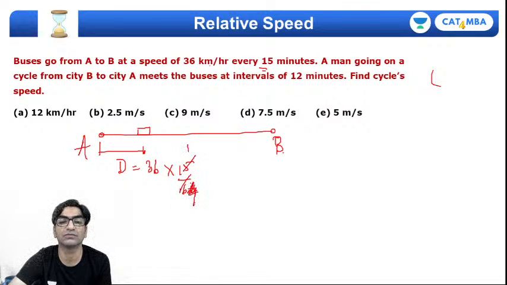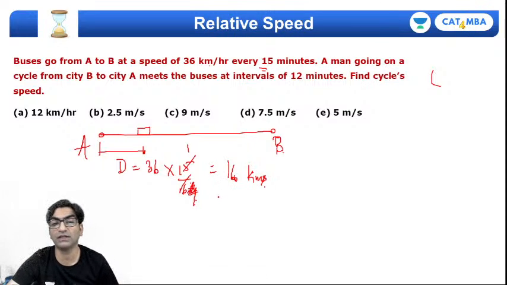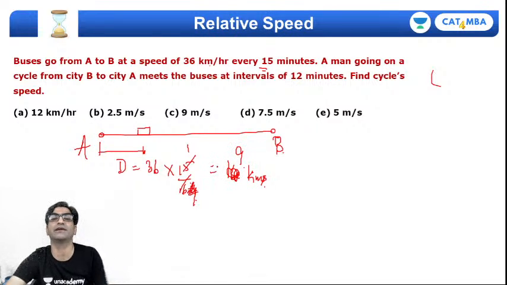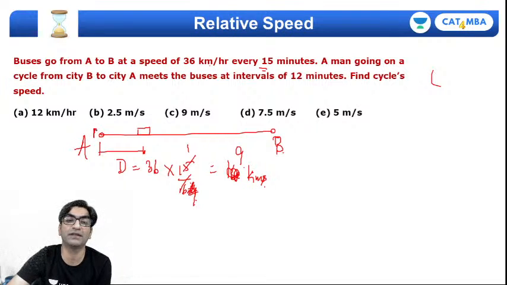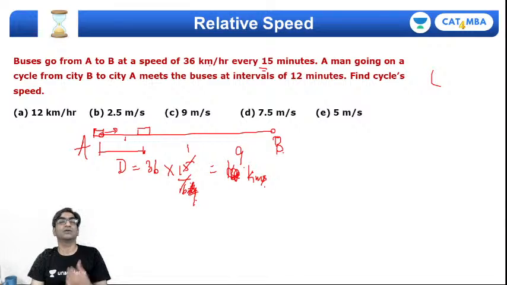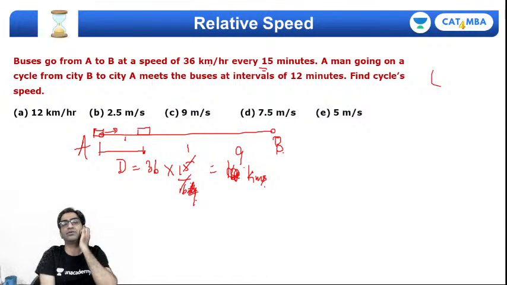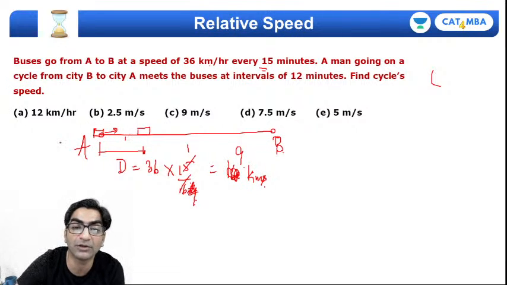So what is this distance of 9 kilometers? This is the gap between the first and the second bus, right? Because the second bus will start moving only after 15 minutes, which means the first one would have already covered a distance of 9 kilometers, which means the gap between any two successive buses would be 9 kilometers.